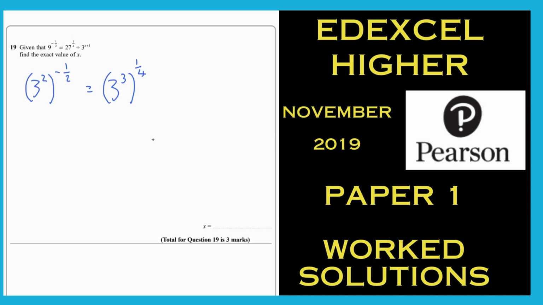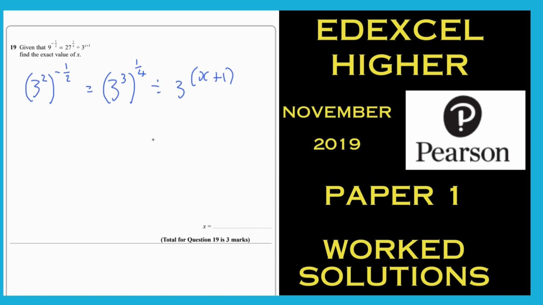Now the 3, it's already a 3. And there we go. The logic now being, because the bases are all the same, the powers must be the same. So we can say that the powers are equal and apply laws of indices.